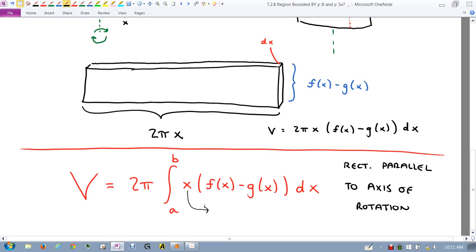It's the distance from the axis of rotation to our rectangle, right? This is actually the distance. I'll write it like that. It's the distance from axis of rotation to the rectangle.